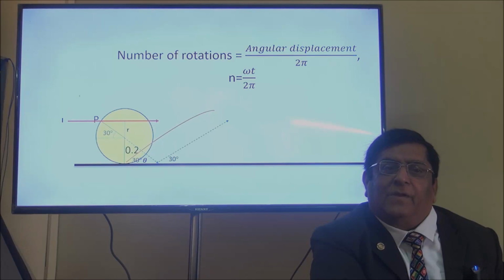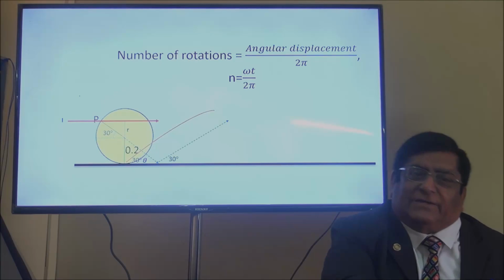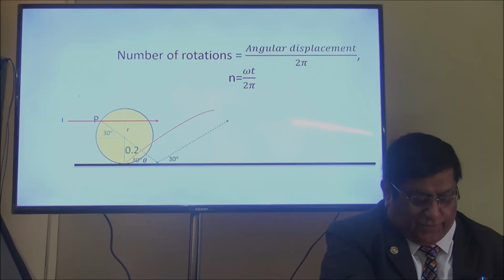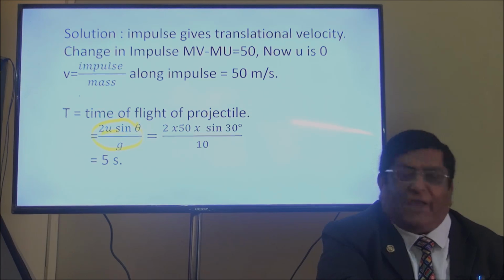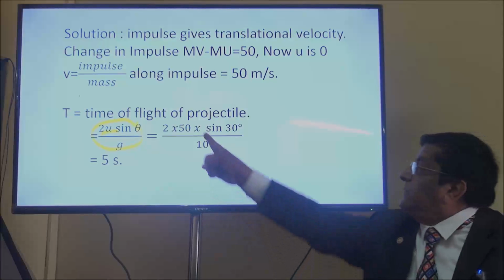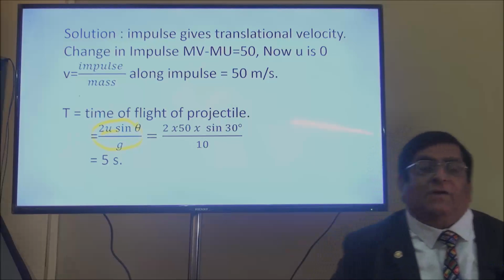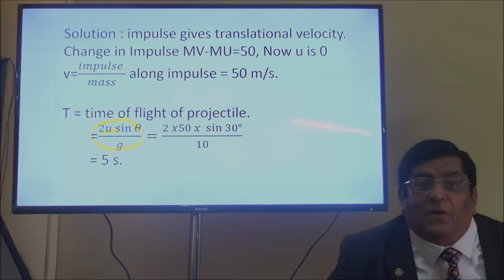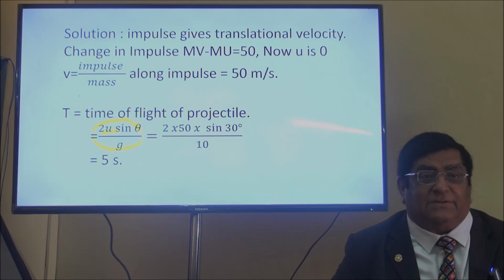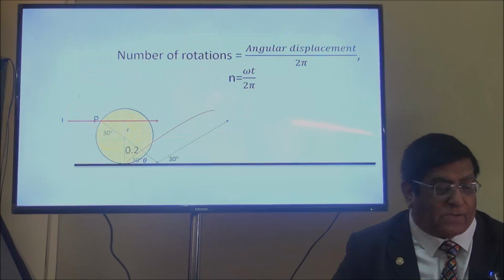Here, what is the u we have taken in projectile motion? What is the value of u we have taken? 50. Now 50 is the velocity of what? Yes, the strike of the ball.